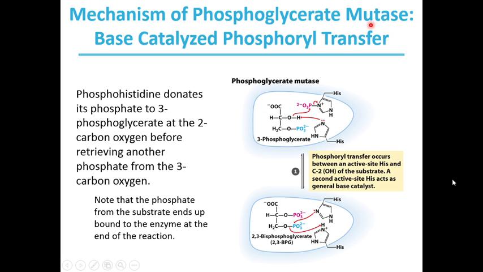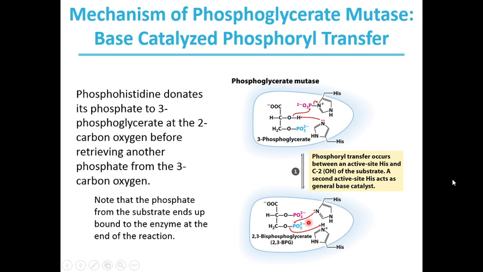When the substrate 3-phosphoglycerate binds the enzyme and forms an enzyme substrate complex, the histidine that is not phosphorylated abstracts a proton of the hydroxyl group at the 2 carbon from 3-phosphoglycerate. Once it happens, it becomes an anion, and that anion attacks the phosphate that is attached to the histidine in the active site of phosphoglycerate mutase. As a result, a compound named 2,3-bisphosphoglycerate is formed, which has two phosphates.